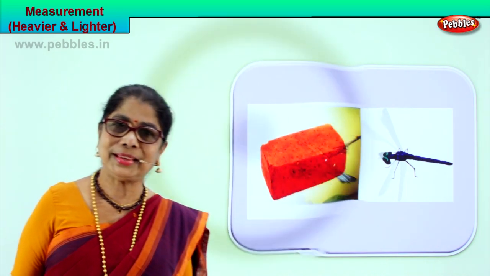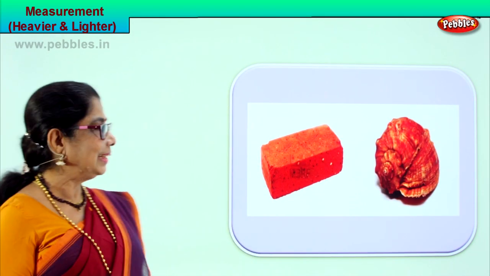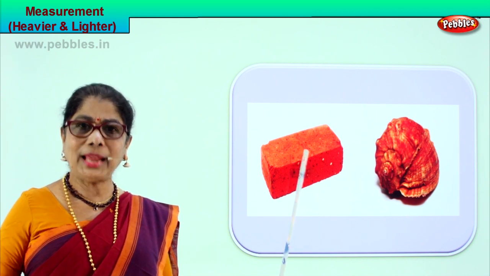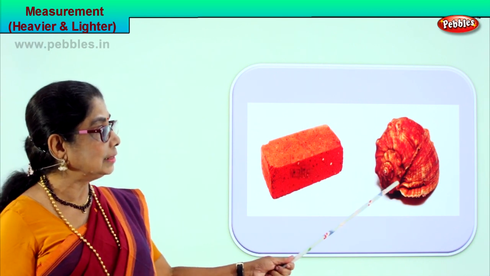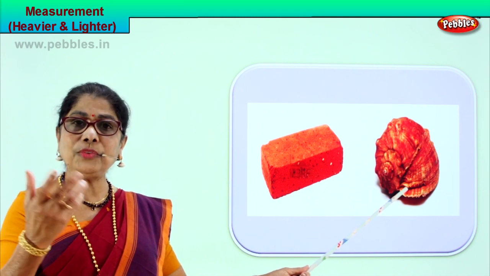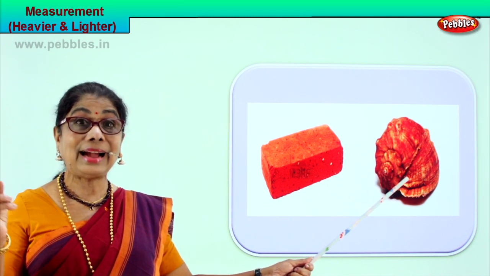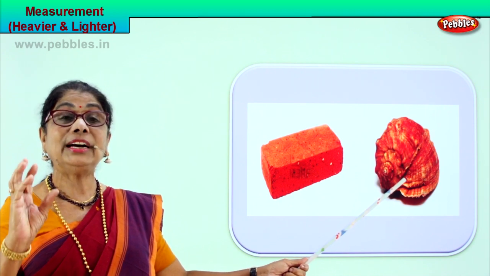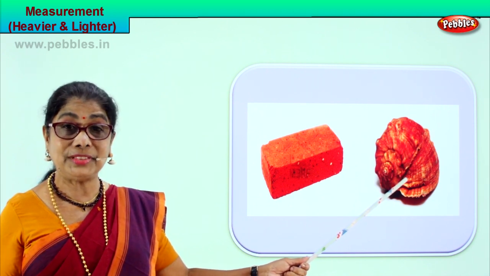Let's look at one more picture. See what you have here. Look, you have a brick. What is a brick? You build houses with it, isn't it? And what is this? It's a shell. Where do you find this shell? Yes, in the sea or on the riverside, anywhere. A little animal lives in a shell.